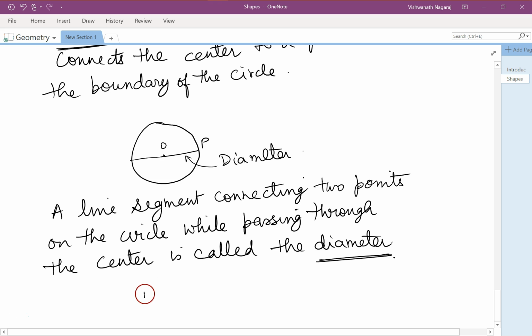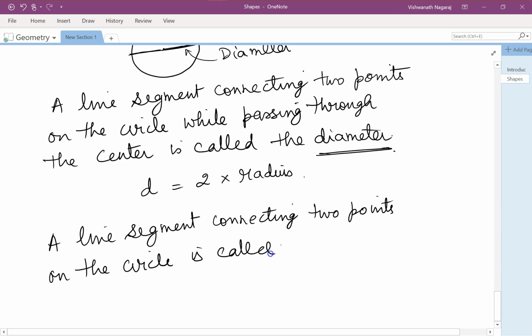So which means the diameter is equal to, from here to here it is one radius, and from here to here it is another radius. So diameter is equal to 2 times radius. A line segment connecting 2 points on the circle is called a chord.